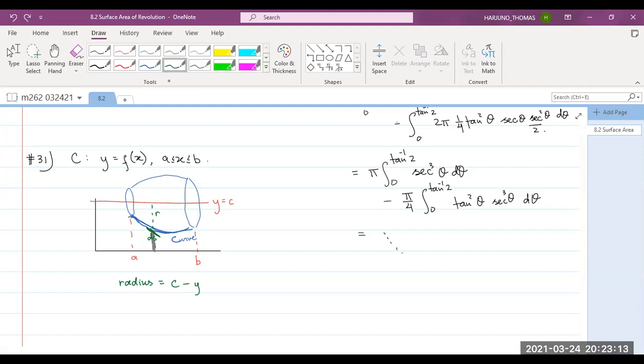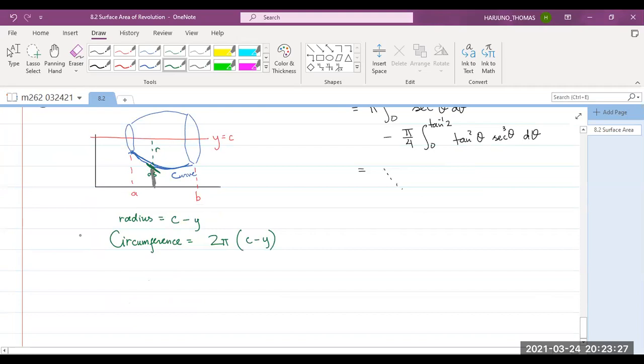So now the circumference will be 2 pi times radius. Now how about the surface area? The surface area will be the integral from a to b of the circumference times the length ds.